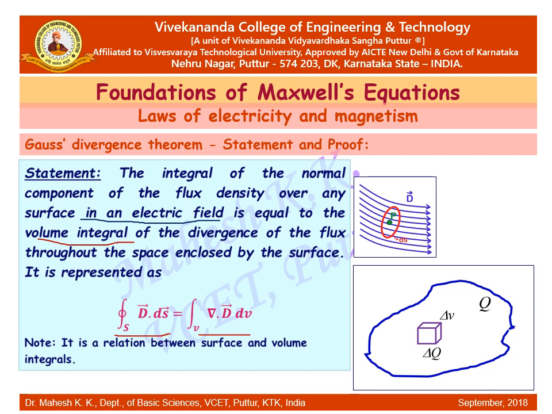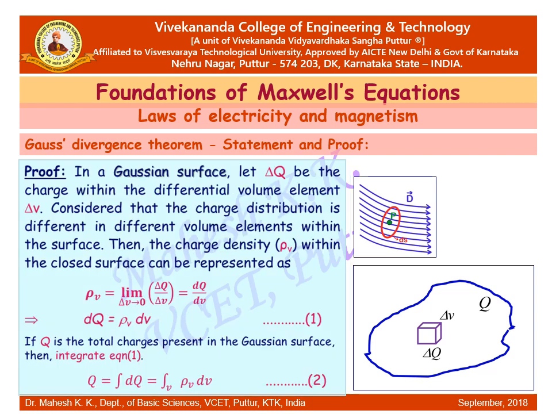So that means it is almost a relation between a volume integral and a surface integral. Okay, so this is the statement. Now the proof. Again consider the Gaussian surface similar to the previous ones.